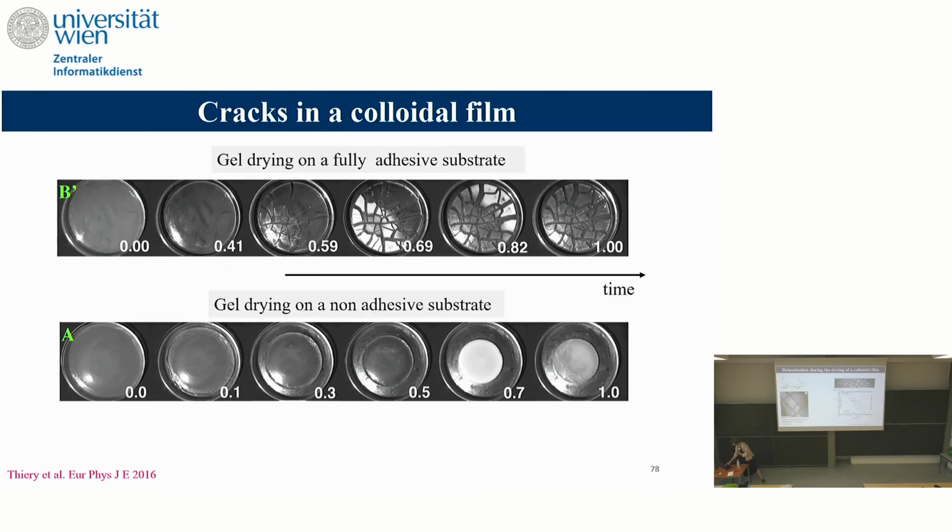This delamination tells you that how the material adheres to the surface is very important, whether it's super strong or not. And in this nice experiment, they showed two examples of a colloidal film, a colloidal gel.